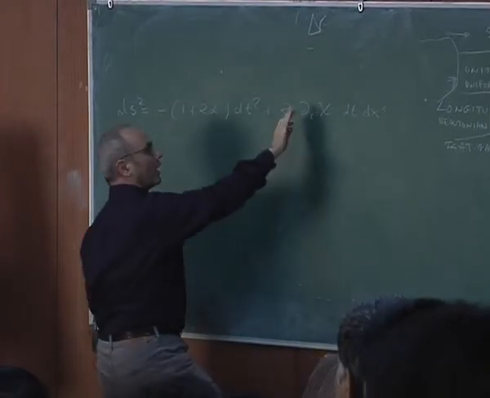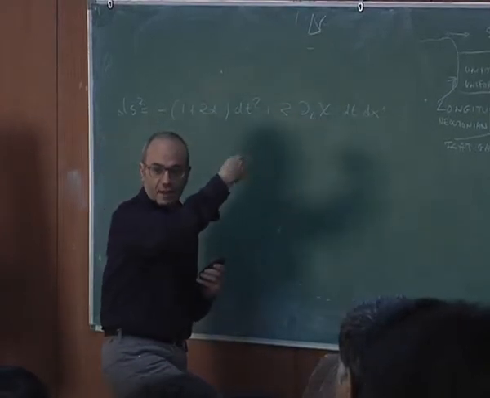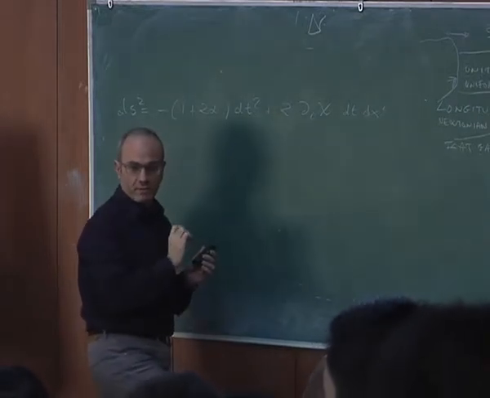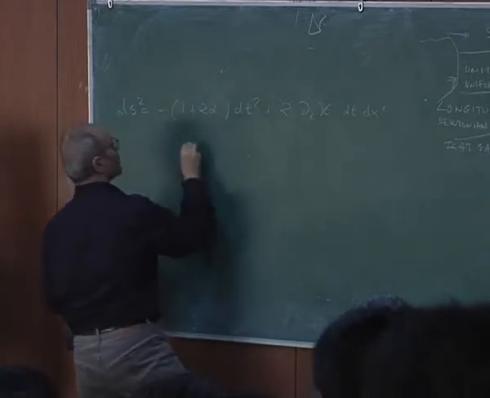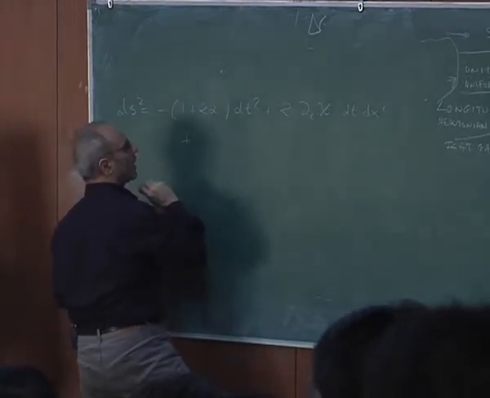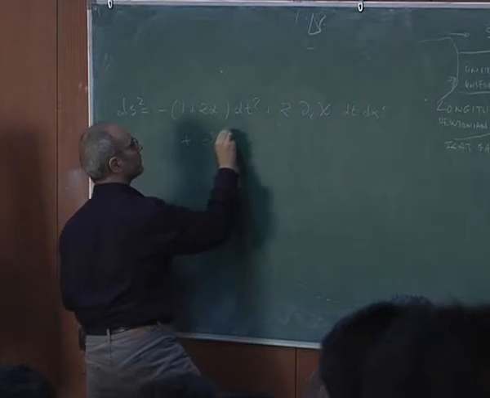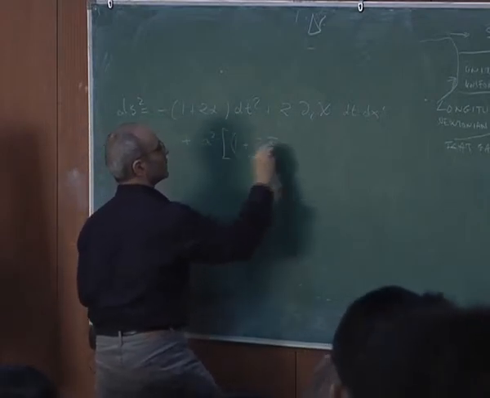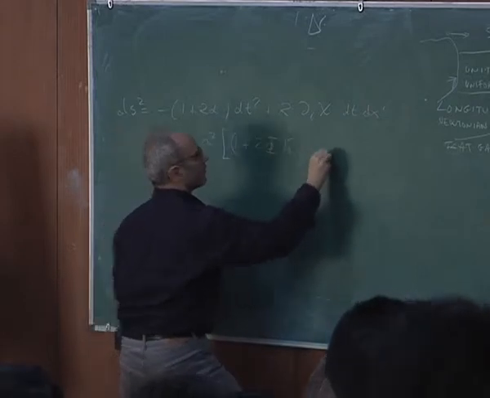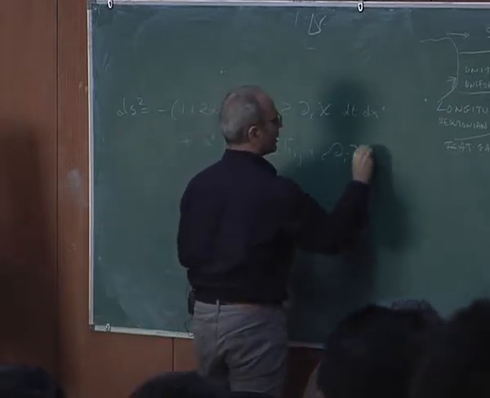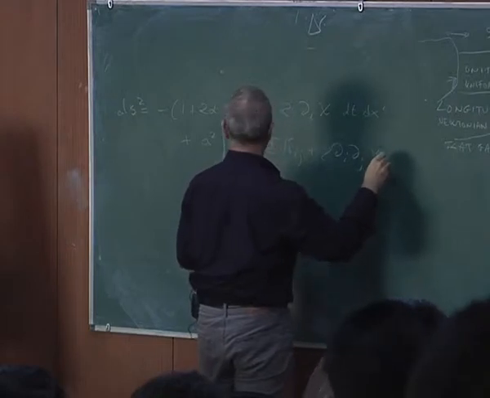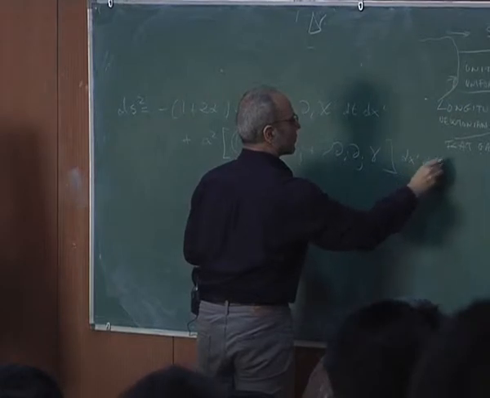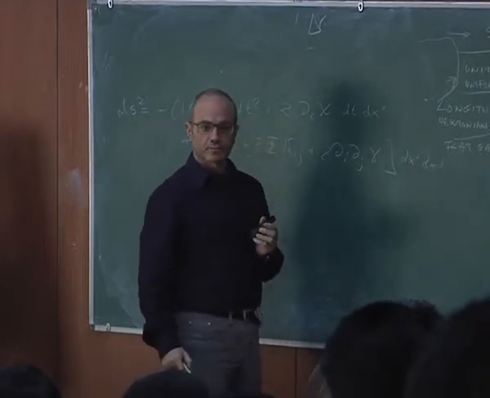Notice that I neglect the vector components because I'm studying the scalar modes. Plus then we will have a squared, 1 plus 2 phi delta ij plus twice di dj gamma. And I think that's all, right? Because I also neglect the tensors.